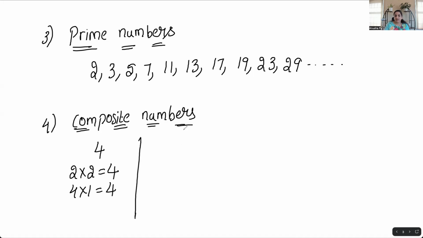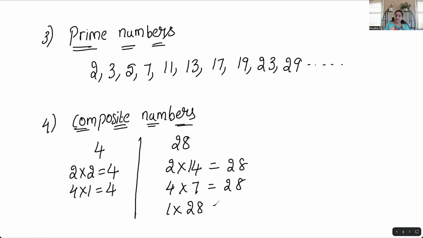For example, consider the number 28. 2 times 14 is 28, and 4 times 7 is 28, and 1 times 28 is 28. 7 times 4 is 28, and 14 times 2 is 28.